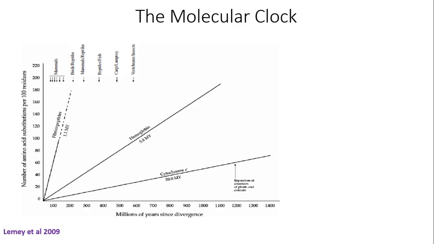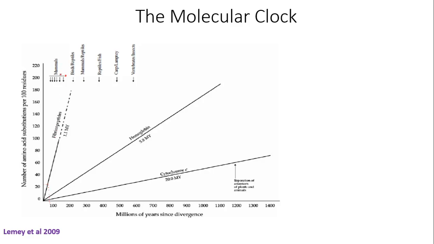You may note over here, let us focus on this portion of the graph of hemoglobin. In the case of mammals, the number of amino acid substitutions is less. If you interpolate, you might end up somewhere over here, below 20 substitutions when it comes to the evolution of mammals.